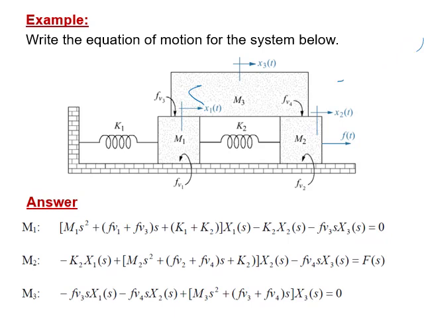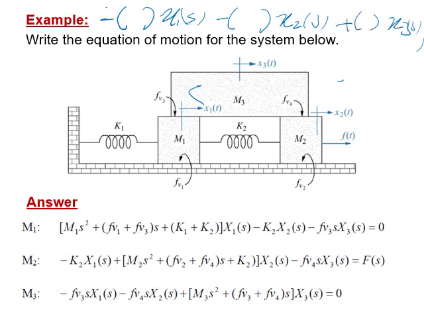Before I write it, I know that it's causing displacement number 3. That means displacement number 3, X3, has a positive coefficient, and the other coefficients will be negative. That's how I keep it in my mind. So I can write the equation as minus bracket X1 of s minus bracket X2 of s plus bracket X3 of s equal to the total forces applied, if any.